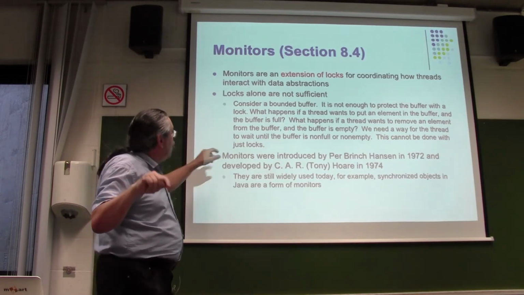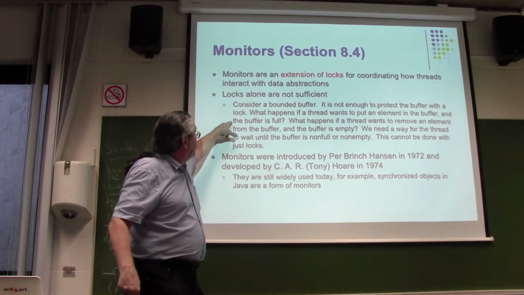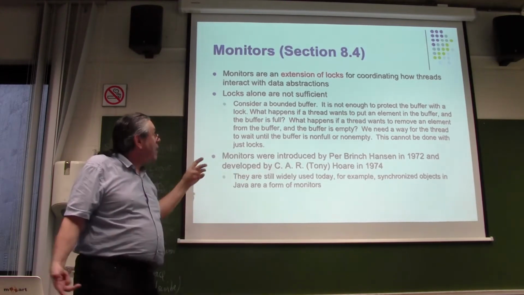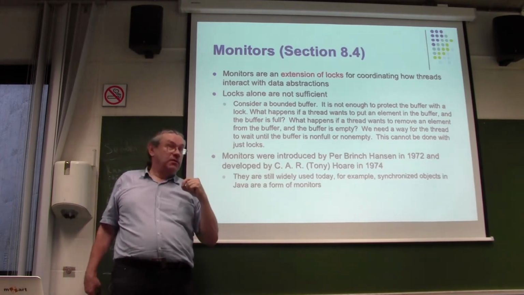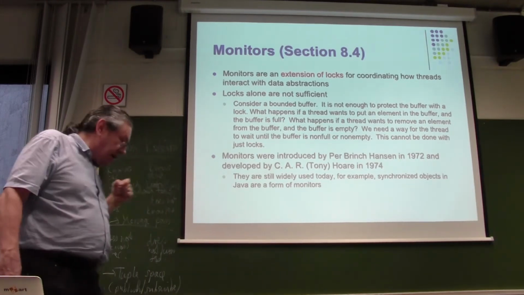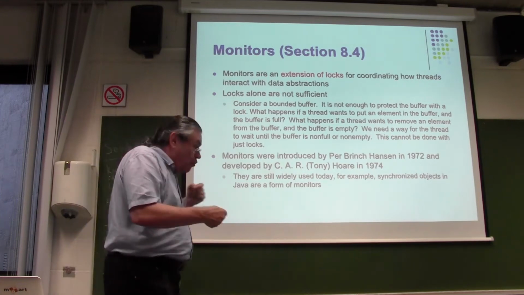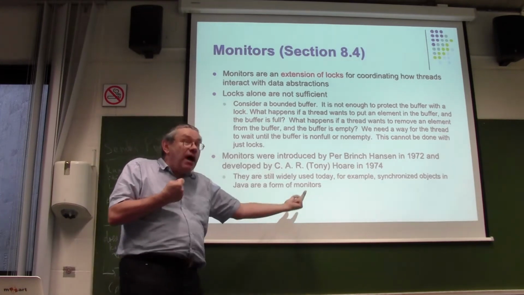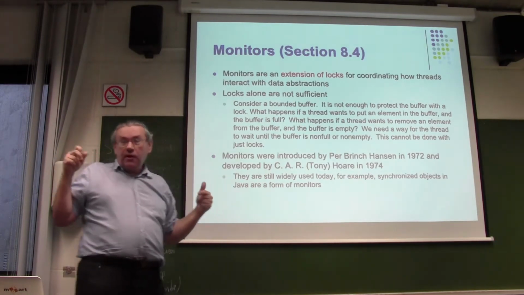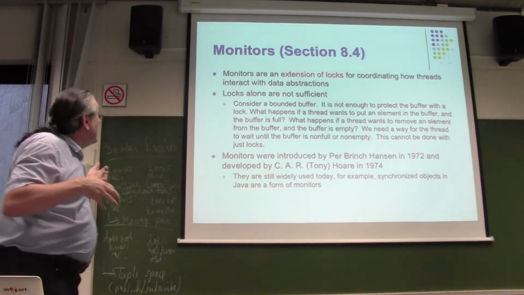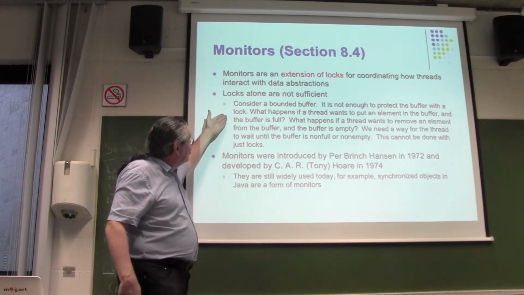So the buffer is full, the lock cannot do it. What happens if the buffer is empty and you do a get? You try to get an element, but the buffer is empty. You have to wait until another thread does a put. You have to wait. So that means the locks are not good enough.